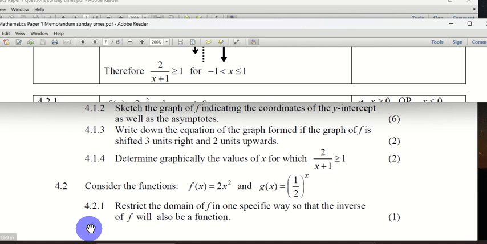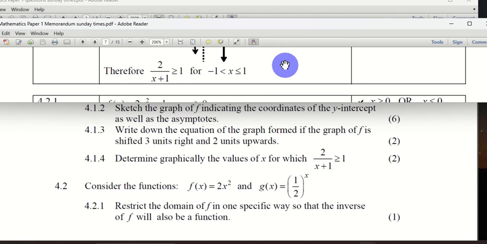Let's look at this question. Restrict the domain of f in one specific way so that the inverse of f will also be a function. We had a similar question, not in the test, in the task, yes.